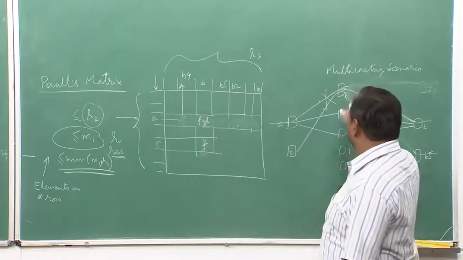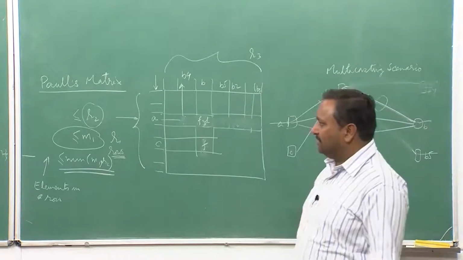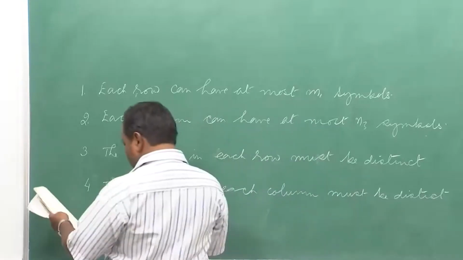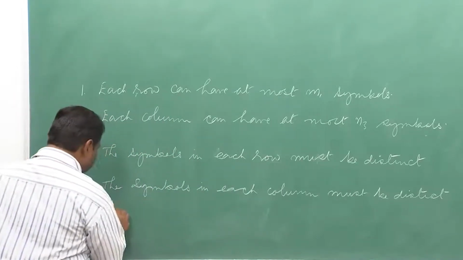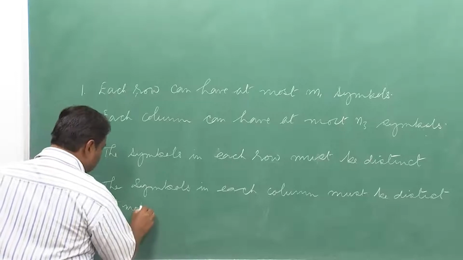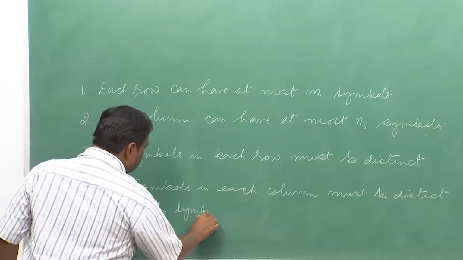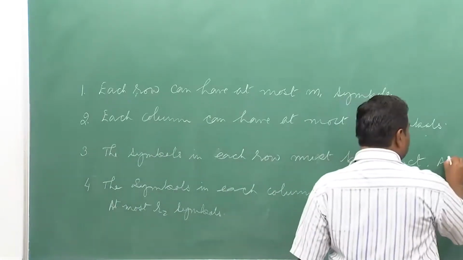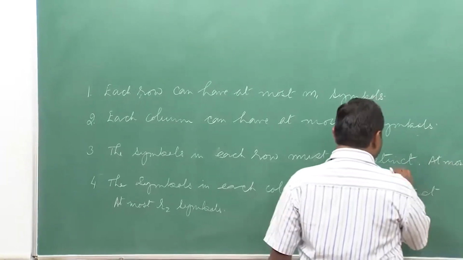So, column elements have to be distinct always, okay. And this means at most R2 symbols can exist.